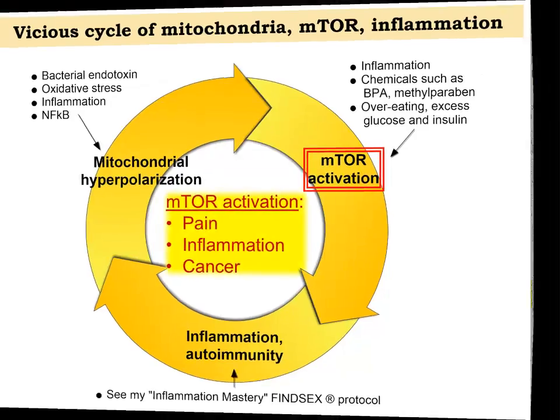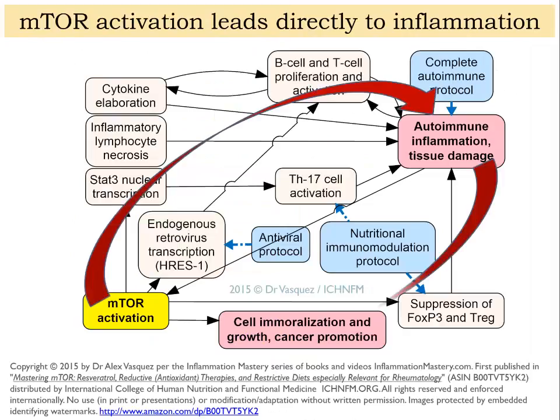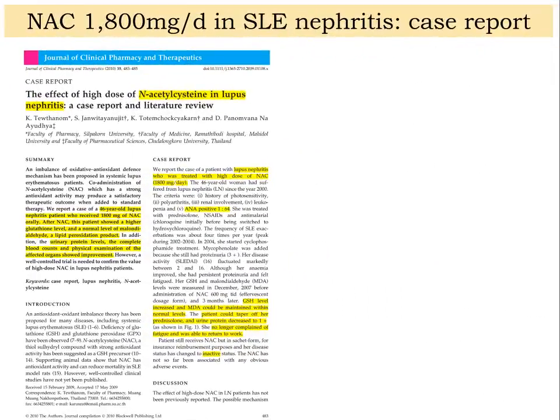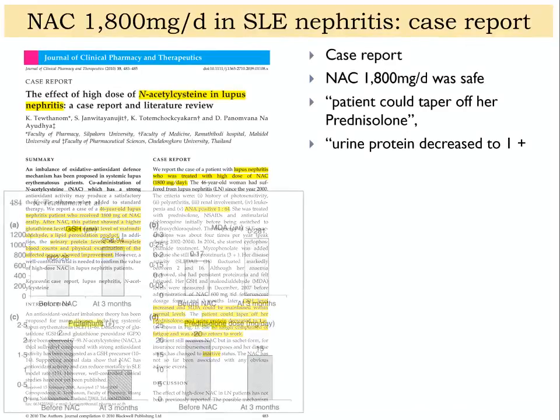This is just kind of a quick review and reminder of what we talked about last time. And that'll kind of set the stage for the use of nutritional supplements against autoimmunity. In this case, you can see, for example, how mTOR activation leads to autoimmune type inflammation, and that autoimmune inflammation actually leads back to mTOR activation. So you definitely start to see a vicious cycle here. This is substantiated actually quite well by several case reports, this being one of them.